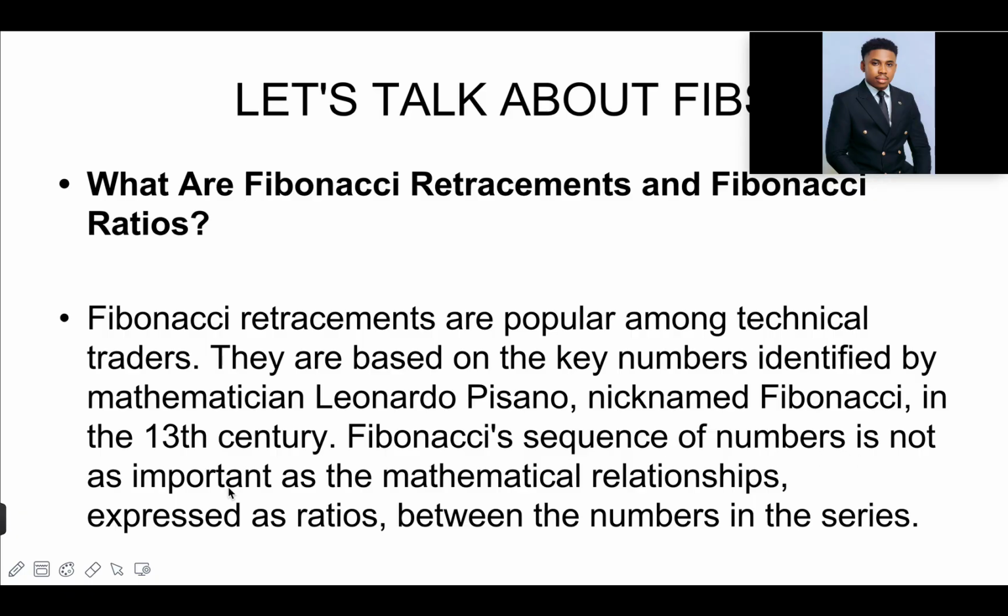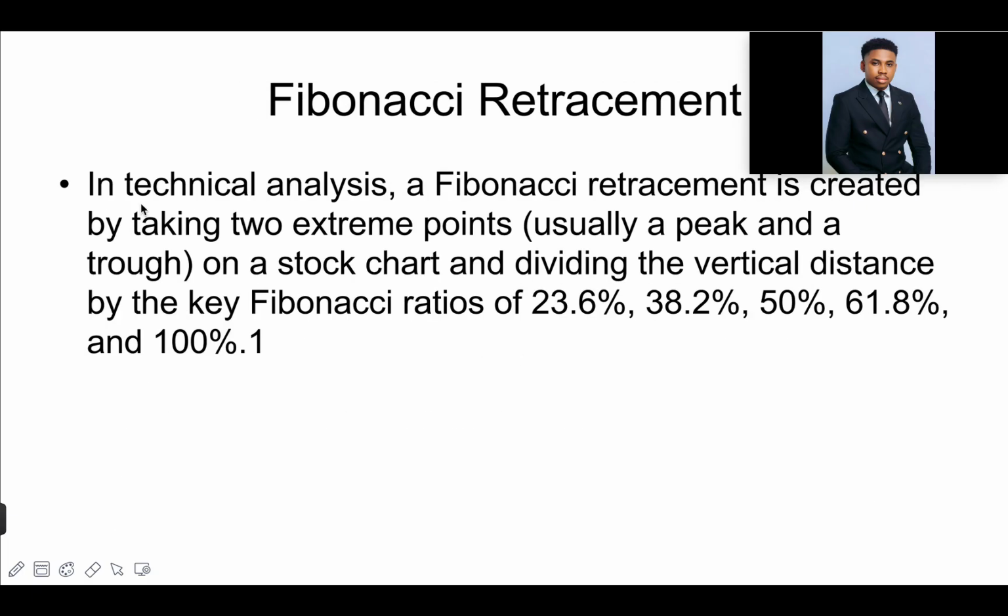Fibonacci's sequence of numbers is not as important as the mathematical relationships expressed as ratios between the numbers in this series. In technical analysis, a Fibonacci retracement is created by taking two extreme points, usually a peak and a trough, on a stock chart and dividing the vertical distance by the key Fibonacci ratios of 23.6%, 38.2%, 50%, 61.8%, and 100%.